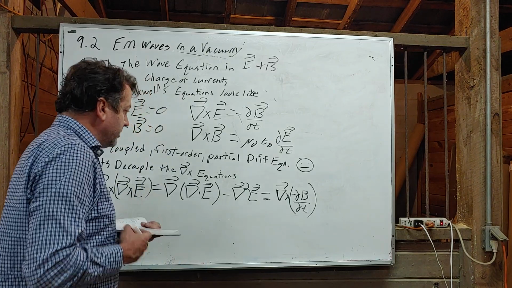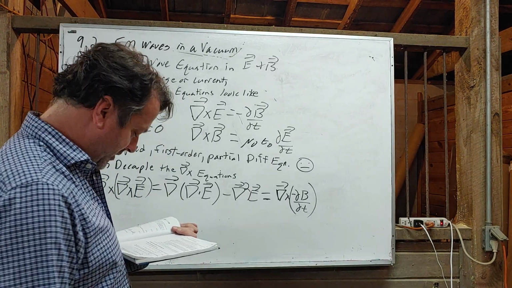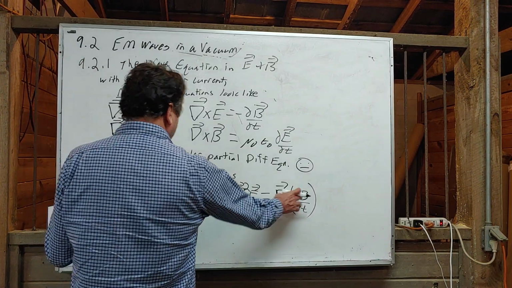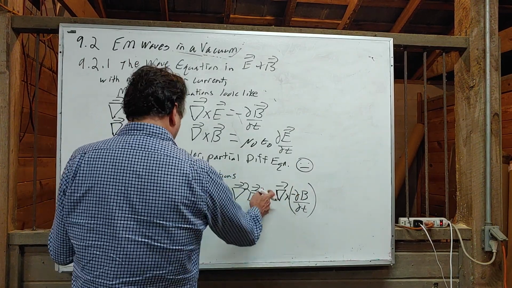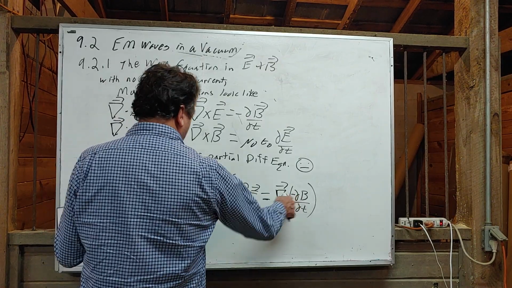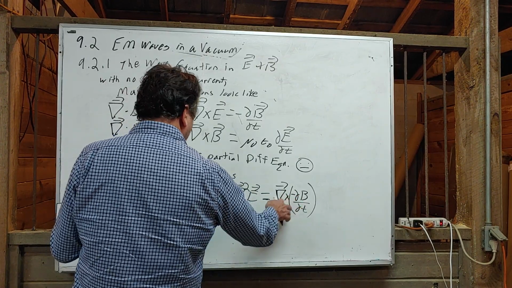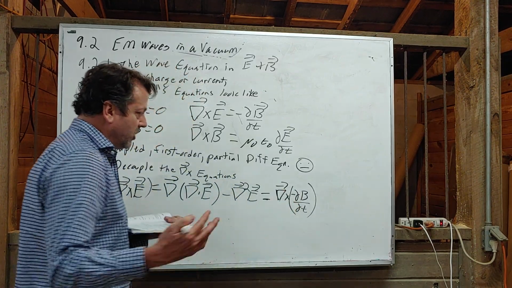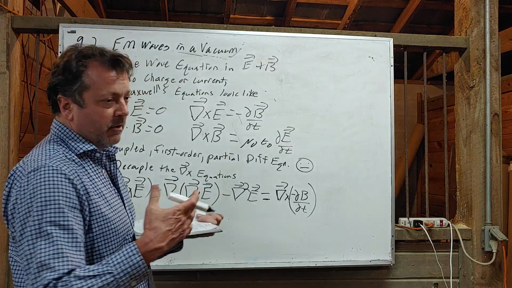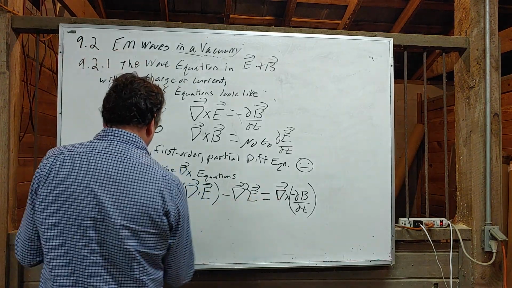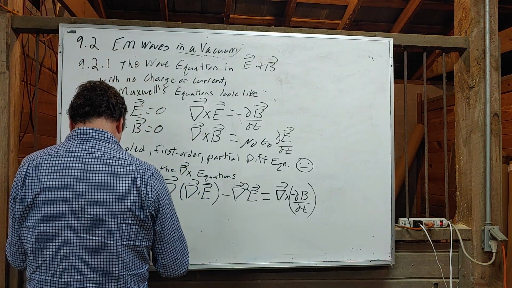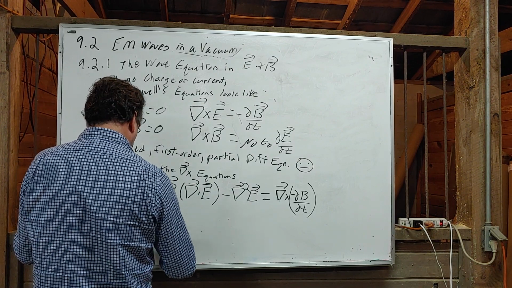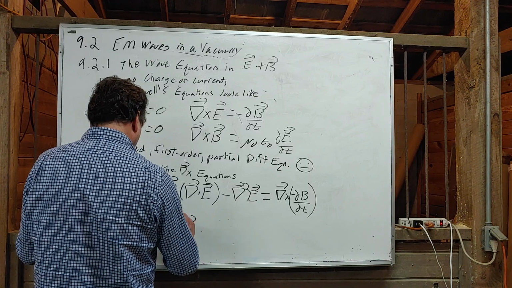Doing the del cross here, we pull the partial with respect to t out since del is not a function of time. Del is a function of position, not of time. So I pull out the partial with respect to t and the minus, leaving del cross B.